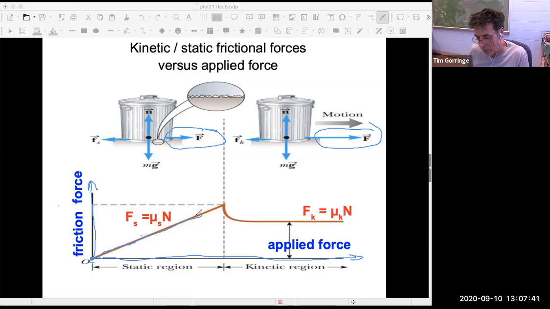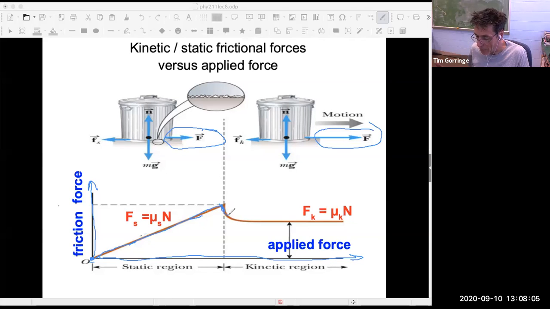I'm just pulling on the garbage bin. And as I pull harder and harder, the static frictional force pulls harder and harder in the opposite direction. Nothing's happening. And then suddenly, this moment, this instant, this is when I pulled hard enough that I actually get the crate moving, or get the garbage bin moving.